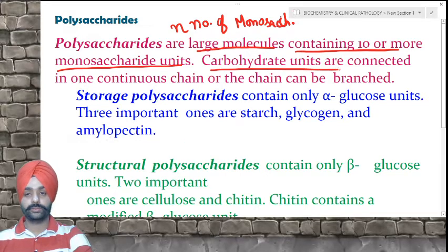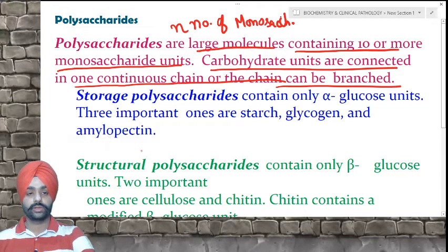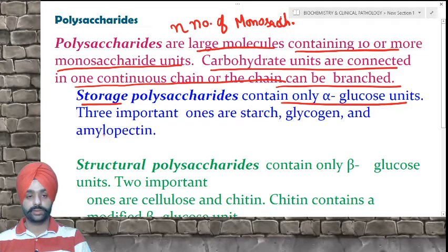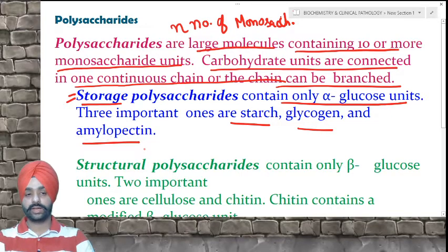Carbohydrate units are connected in one continuous chain, or the chain can be branched. These are also known as storage polysaccharides because they contain only alpha glucose units. Three important ones are starch, glycogen and amylopectin. These are storage polysaccharides.